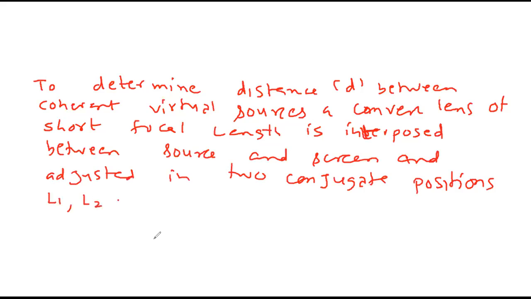Conjugate position means if object is at 30 and image is at 70 in one case, then in the next case we reverse it.